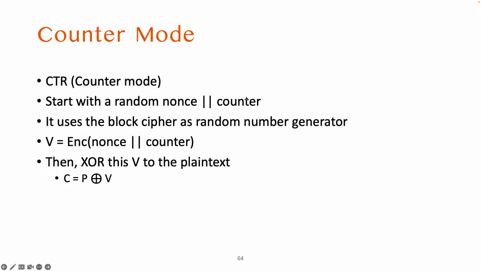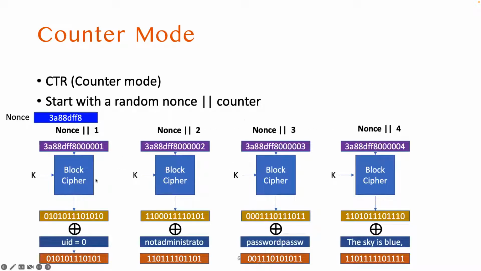What that means is that they do not encrypt the plaintext. They encrypt the counter, and then the resulting ciphertext will be XORed to the plaintext. And how that works is that, to use counter mode, we need to set a random nonce.